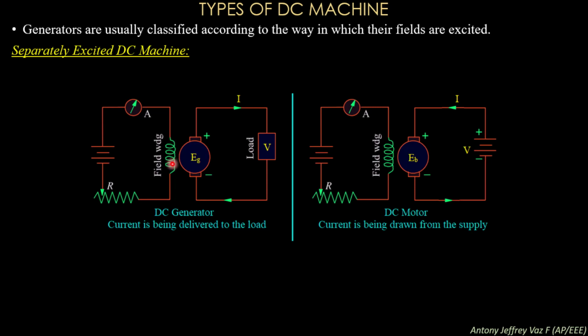Electromagnets can be produced by supplying voltage to the coil. So this is a separately excited DC machine. You can see this one is a DC generator and this machine is a DC motor. Here the field winding is separately excited by a battery source.